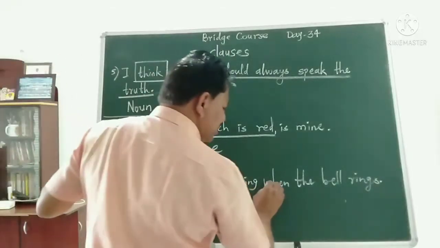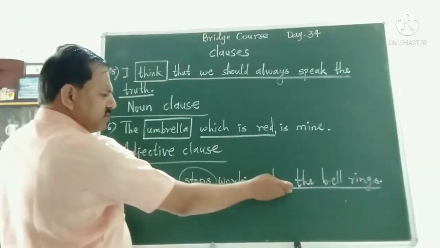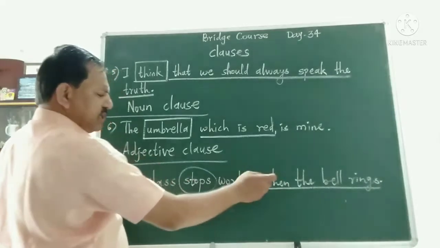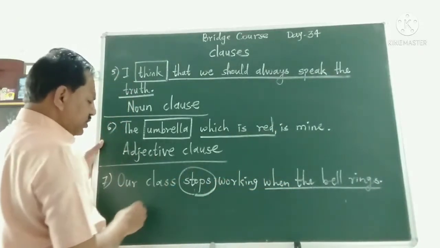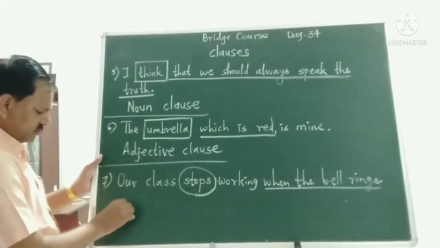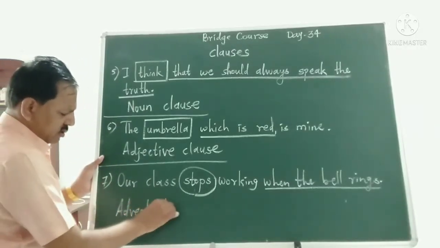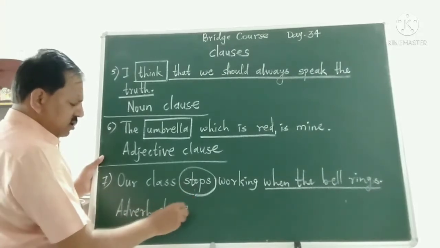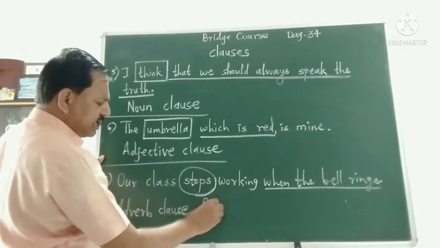So subordinate clause, when the bell rings, gives information or it qualifies the verb stops in main clause. So this is adverb clause of time.